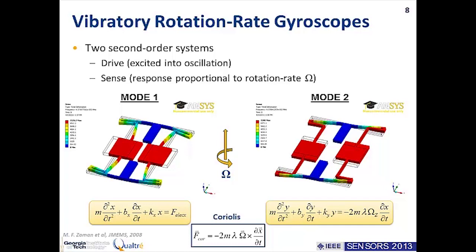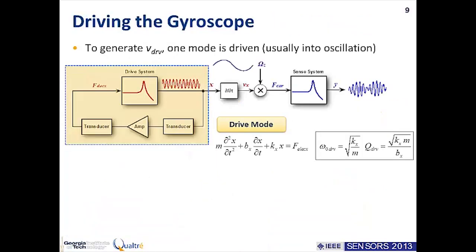All right, so going back to the way we operate this gyroscope. In general terms, what we want to do is establish an oscillation around that x-axis mode, or in this particular case, mode 1.